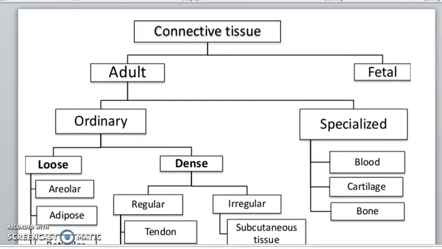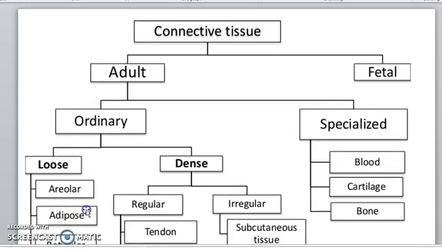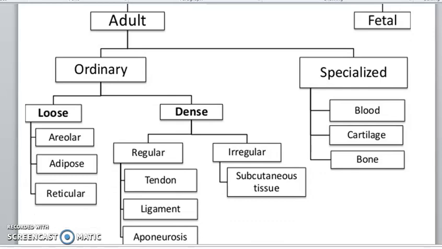Connective tissue in adult and fetal life. In adult, there are either ordinary or specialized connective tissues. For the ordinary connective tissues in the adult, you have the loose connective tissues and then the dense connective tissues.